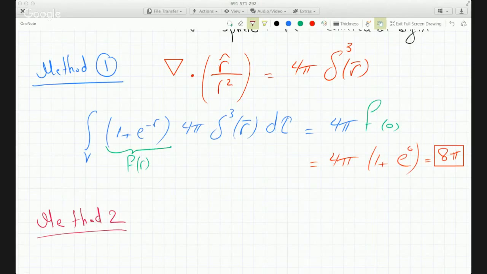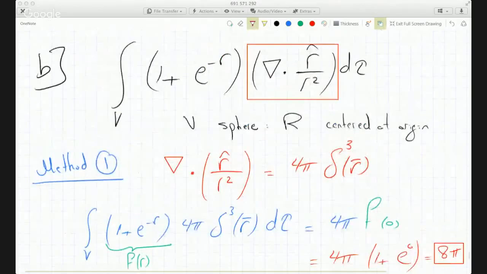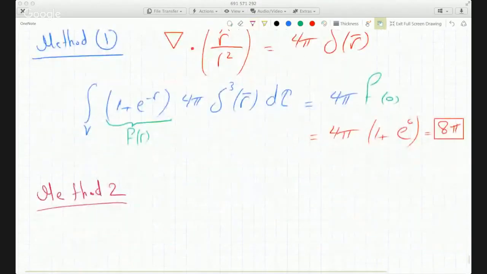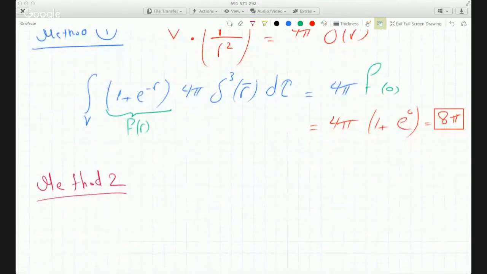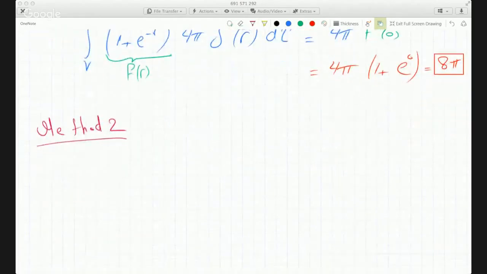Exactly. Now, if I want to evaluate this integral using method 2, this relies on equation 159 in your book. It just transfers the derivative from one place to the other. I'll write it down.